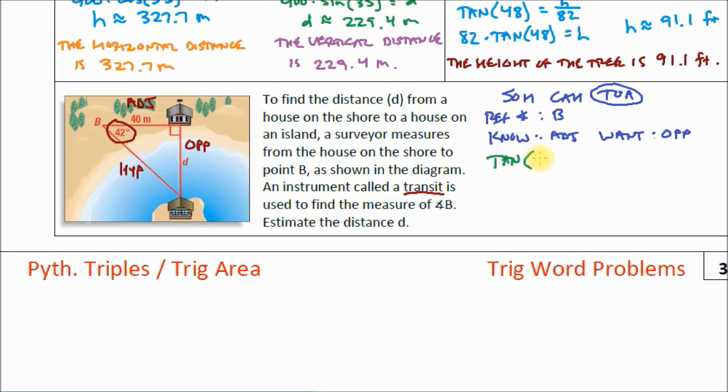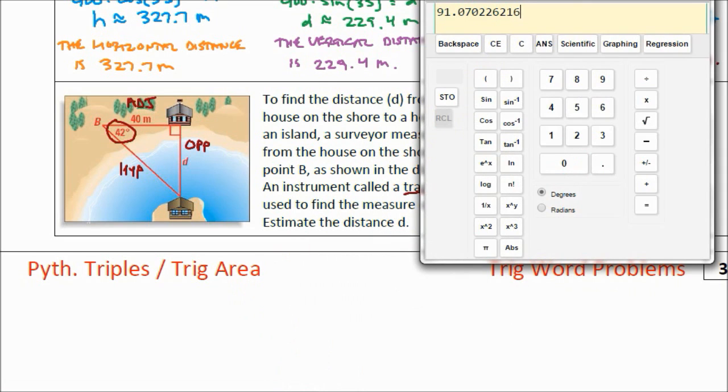Tangent of our reference angle, 42 degrees, is equal to opposite, which is our unknown D, over adjacent, which is 40. This is looking a whole lot like the previous question. Let's move the 40 to the other side by multiplying both sides by 40. And 40 times tangent 42 equals D. And that means D is approximately, let me get my calculator out.